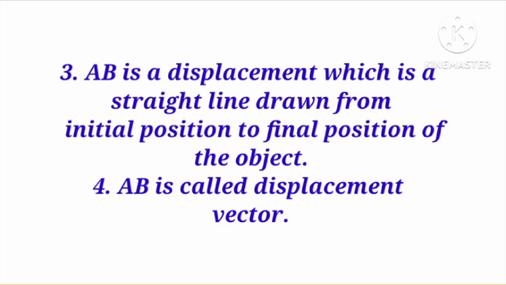Here the initial position is A and the final position is B. AB is a displacement, which is a straight line drawn from initial position A to final position B. AB is called the displacement vector.